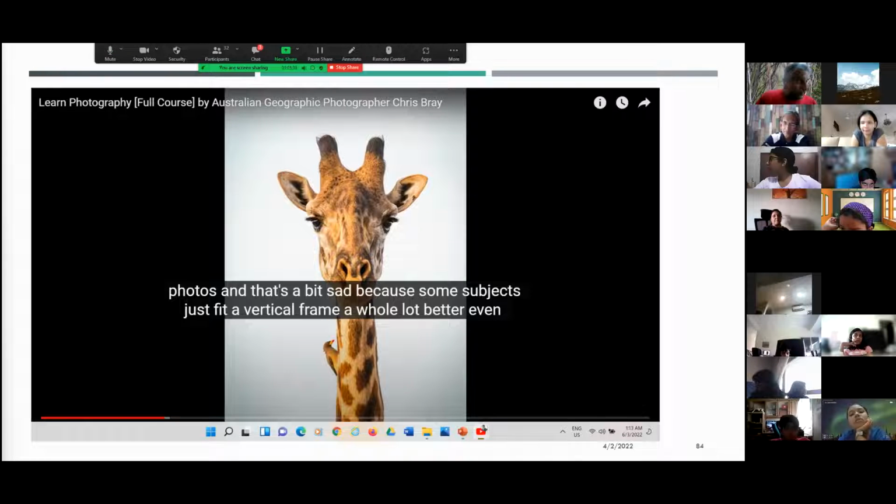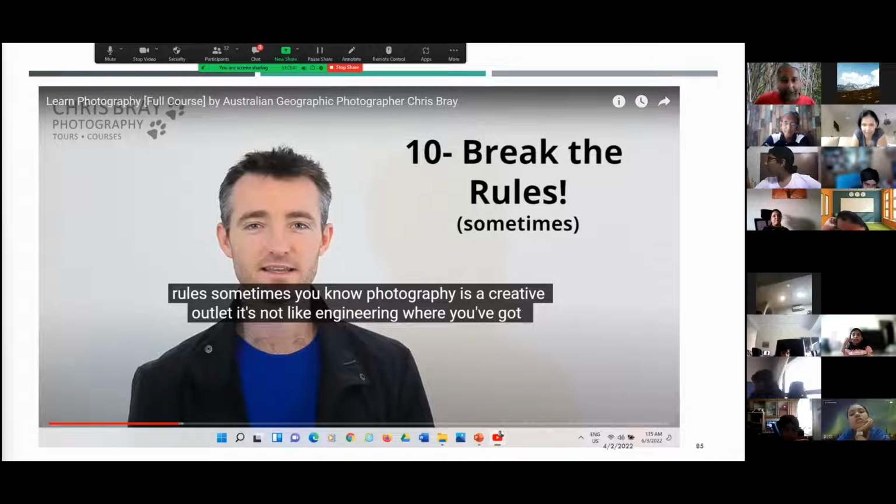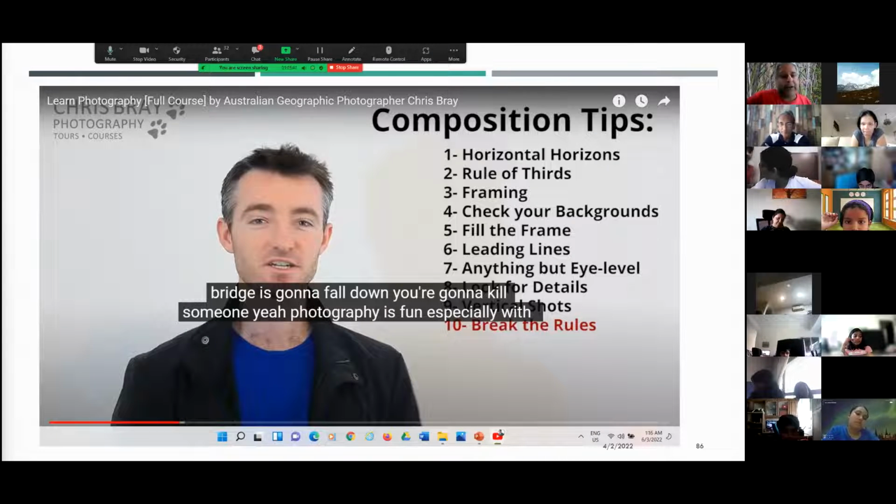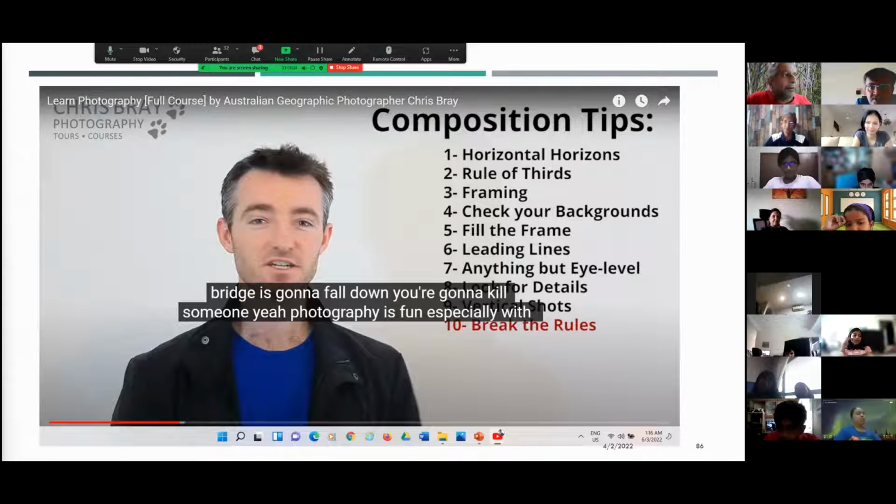Okay. A final tip, actually, break the rules sometimes. All right. There are those 10 rules, including the one which tells you to break the rules. In summary: horizontal lines, rule of thirds, framing. Number 4, check your background. Number 5, you don't have to fill the frame all the time. Try to fill the frame in line with the story that you're trying to say. Leading lines into the picture can make a meaningful composition.